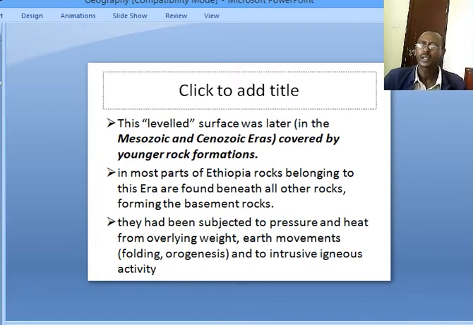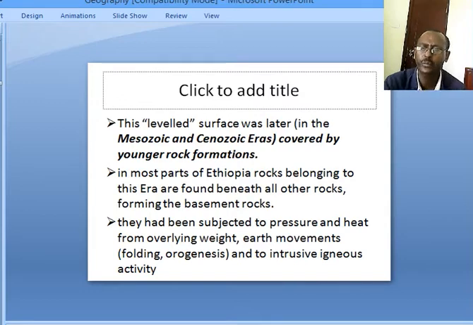In most parts of Ethiopia, rocks belonging to this era are found beneath all other rocks, forming the basement rocks. They are found in the lower part of the earth because other rocks have been formed over them. They have been subjected to pressure and heat, overlying weight, earth movements, folding, orogenesis, and intrusive igneous activity.